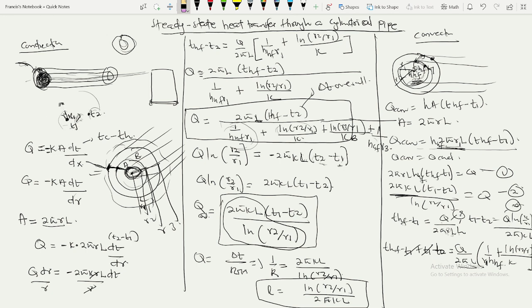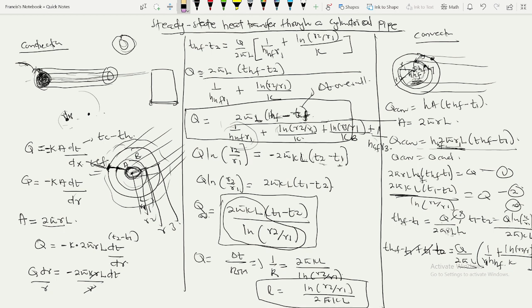So that becomes the general formula. And then in this case, our change in T overall wouldn't be THF minus T2. It's rather going to be THF minus the T of the cold fluid.